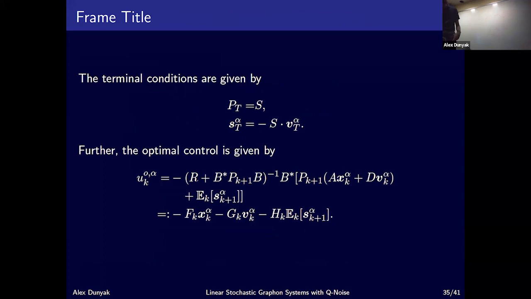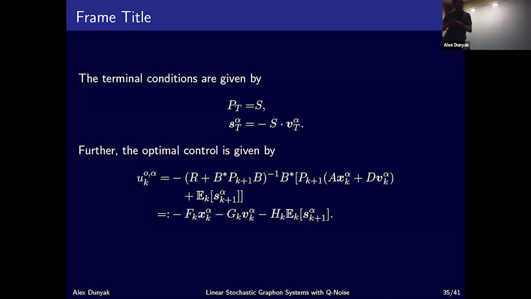So you can actually evaluate these with the terminal conditions P_T equals S, and the offset process terminal condition is given by the terminal value of the stochastic process that you're trying to track.